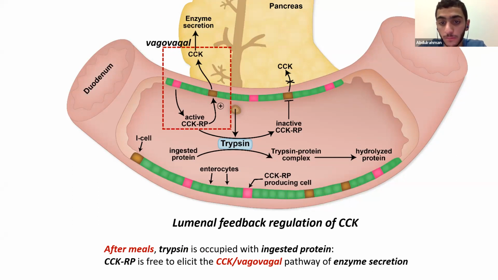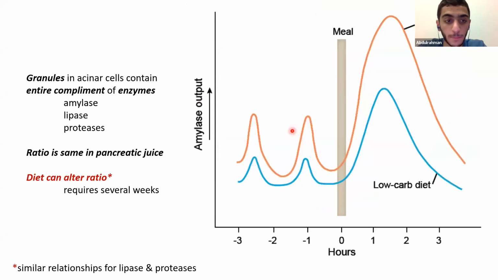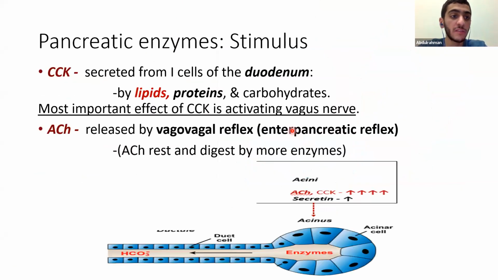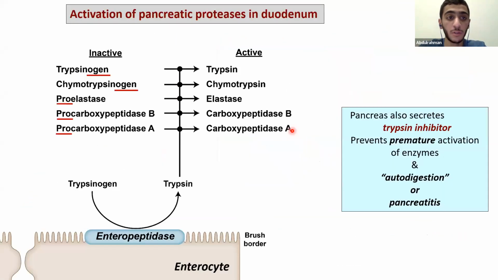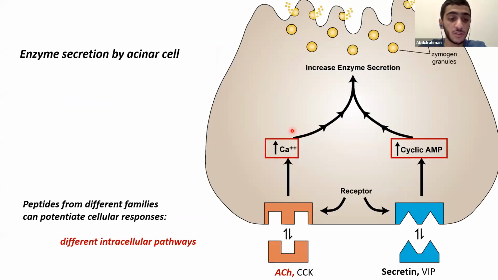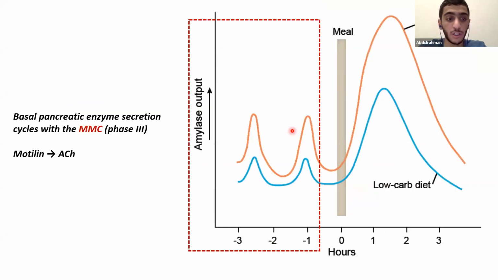Clear? And I'm sorry that I was going too fast. Do you guys have any questions in regards to the bicarbonate and the pancreatic enzyme secretions before we get to the next part?